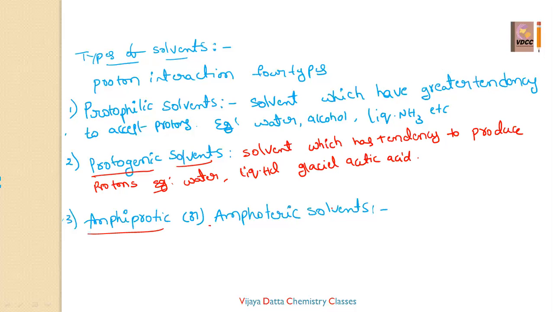Now come to the amphiprotic or amphoteric solvents. Amphoteric means both acidic nature and basic nature. Like that, amphiprotic is a solvent which acts as both protophilic and protogenic. They have a dual behavior.